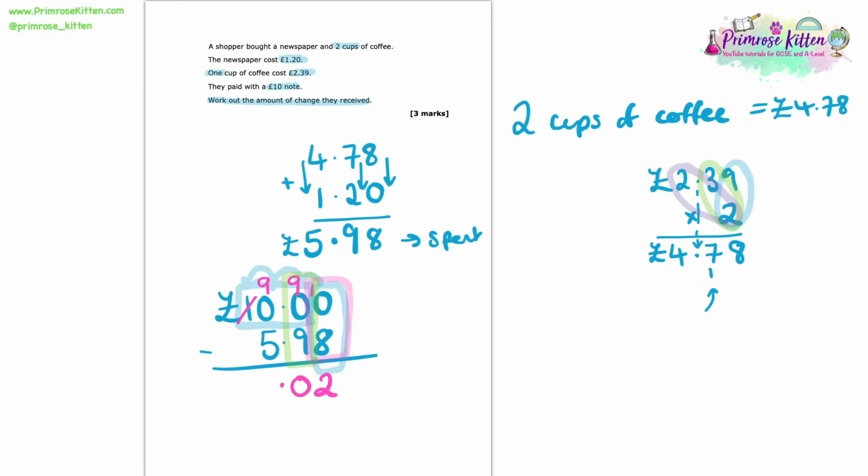Next up, we're going to do 9 minus 5. 9 minus 5 gives us 4. And moving further to the left, there was a 1, but we borrowed that 1 to do the earlier parts of the question. So for that reason, this is our final answer. The amount of change that they received is £4.02.